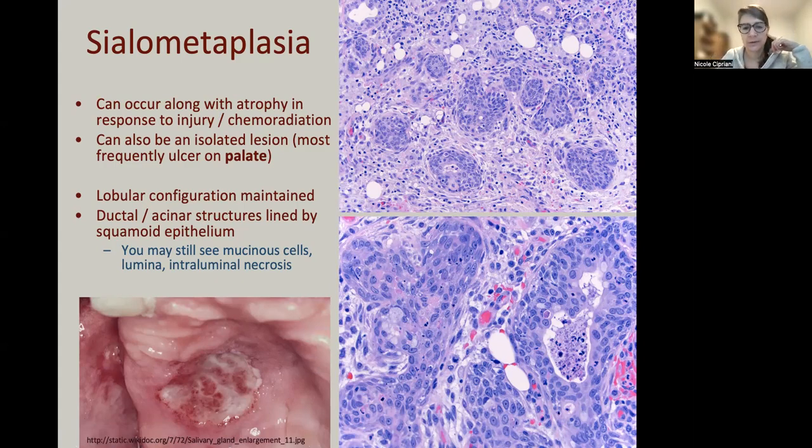areas for other cancers. And so similar picture of preservation of the background ductal lobular architecture, but these acini and ducts become lined by epithelium that looks almost squamoid, kind of atypical with prominent nucleoli, but you may see retention of some of the mucocytes in the background. You may see this central kind of grungy debris.